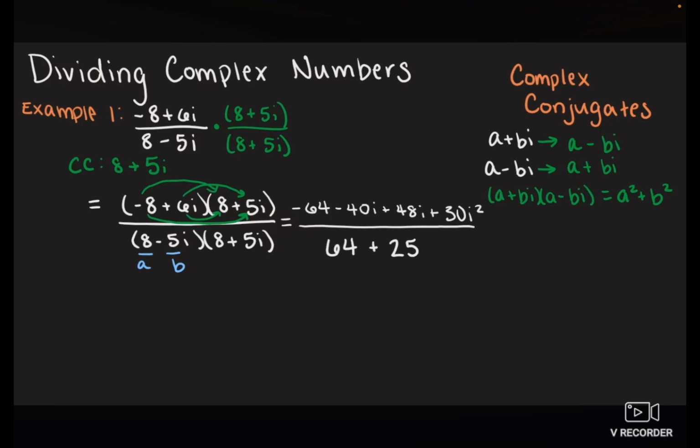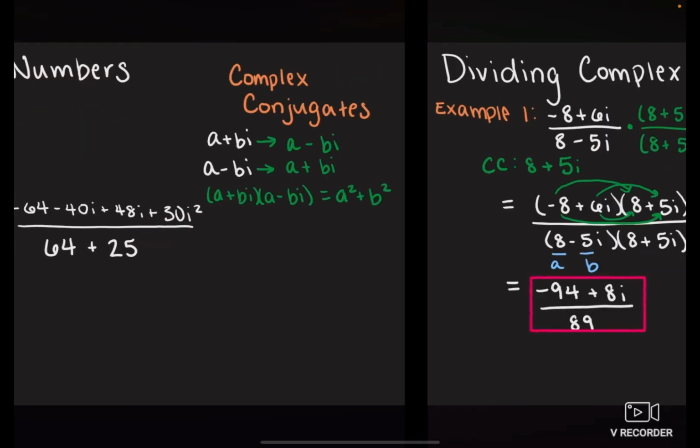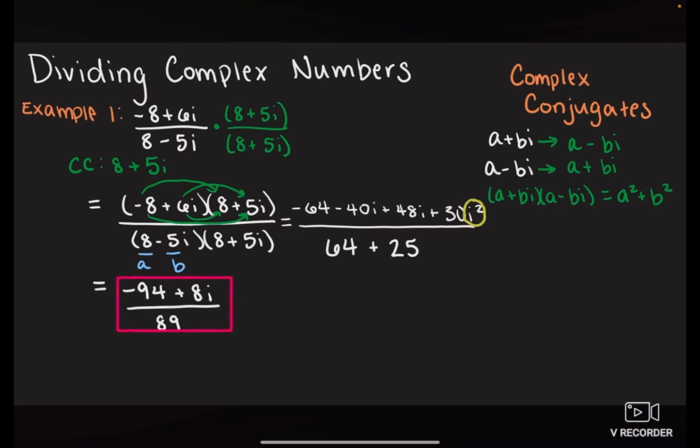The answer will be a square plus b square, which is 8 square plus 5 square, which is 64 plus 25. Hence, the final answer will be minus 94 plus 8i the whole divided by 89.